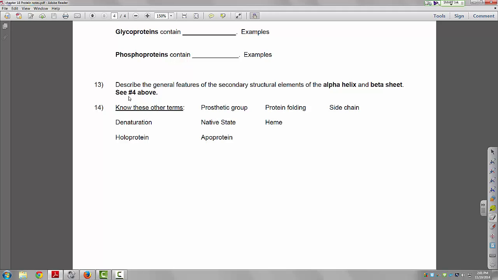We talked about holoproteins, apoproteins, prosthetic groups. We also had pre-protein, pro-protein as well. So an apoprotein is inactive, but if we add the prosthetic group, it becomes active.